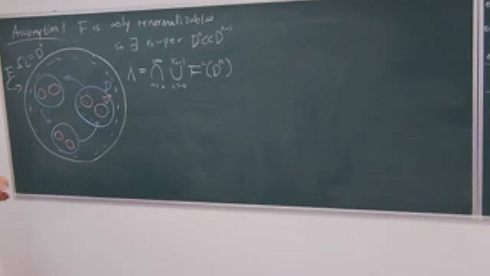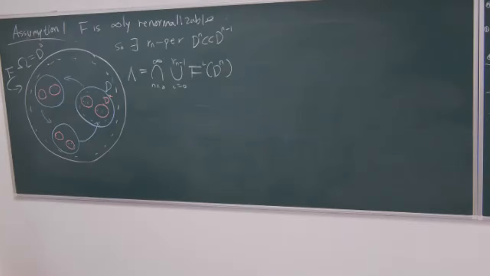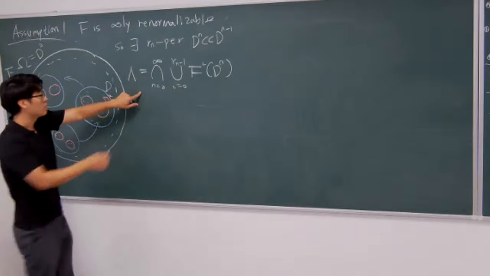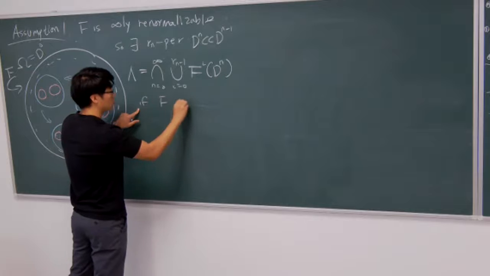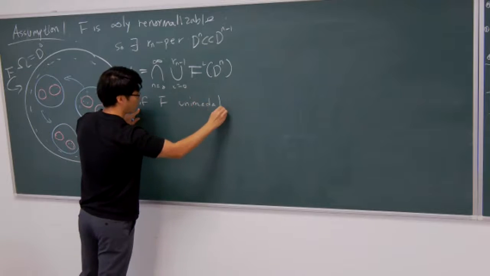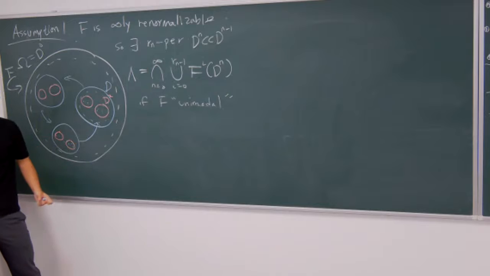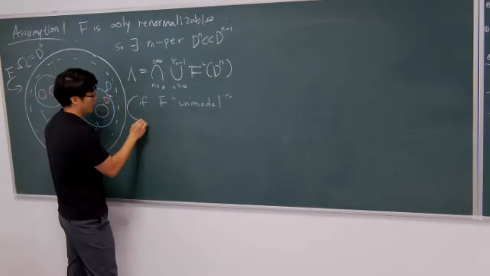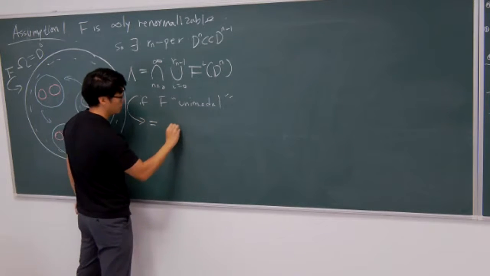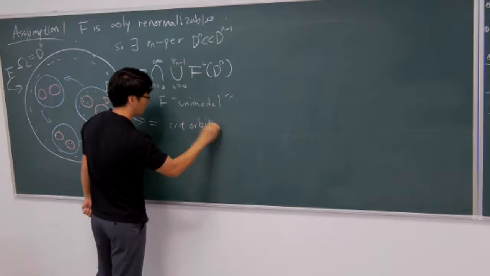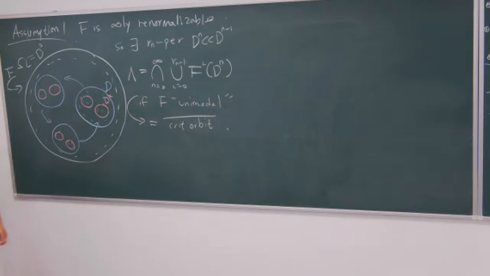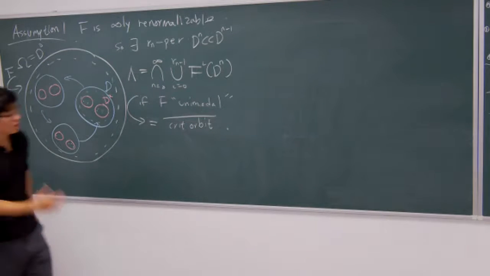But it will follow as a corollary of the a priori bounds that we will state that for unimodal maps, if F is unimodal, whatever that means, then indeed this intersection will be totally disconnected. And not only that, it will be the same as in 1D, it will be the closure of the critical orbit. This is a little preview of where we're going.